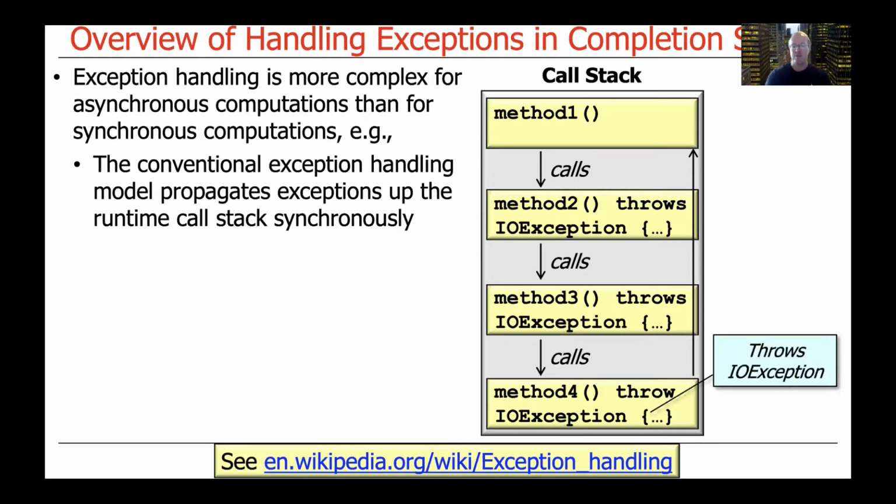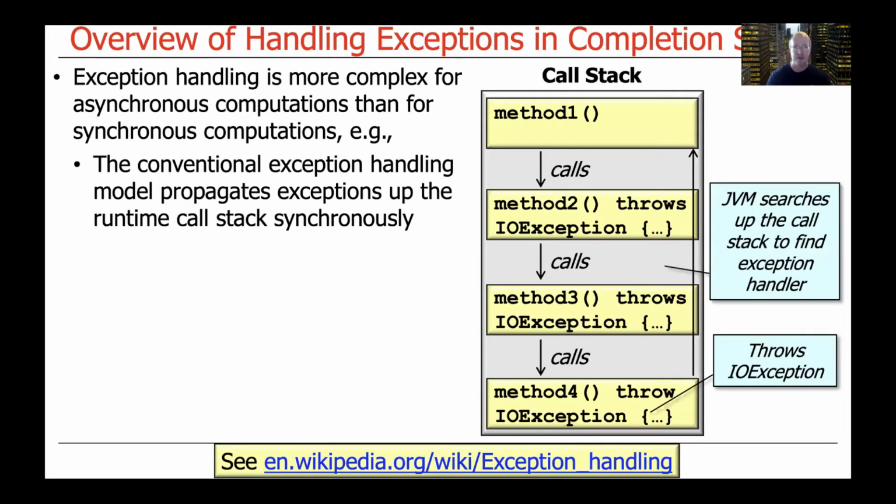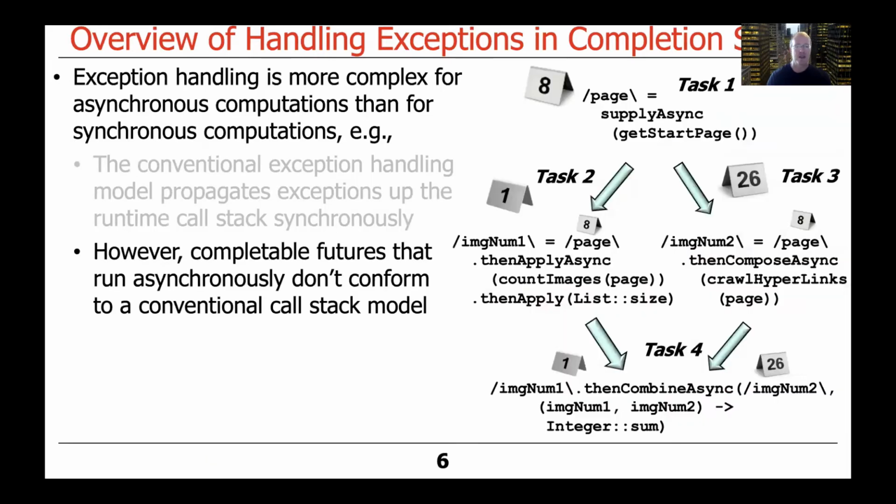So if some call deep down in a chain of method calls throws an exception like IO exception, then the Java runtime environment will start searching back up the call stack to find the appropriate exception handler. At some point, hopefully somebody will catch the exception, or things fall off the top of the thread, which has its own consequences. But let's pretend somebody catches the exception. The whole point is that this is all done synchronously.